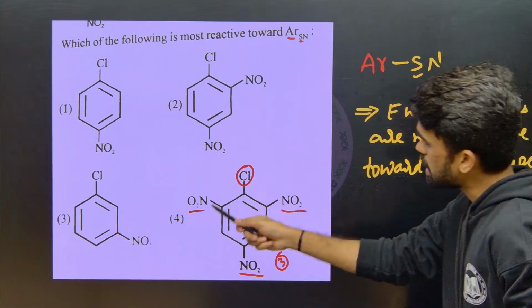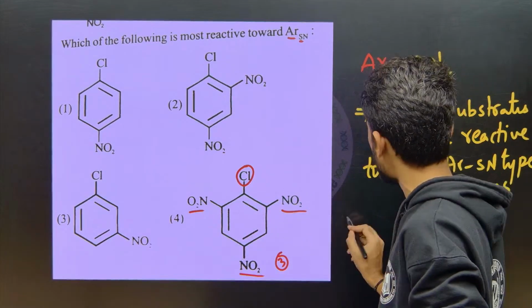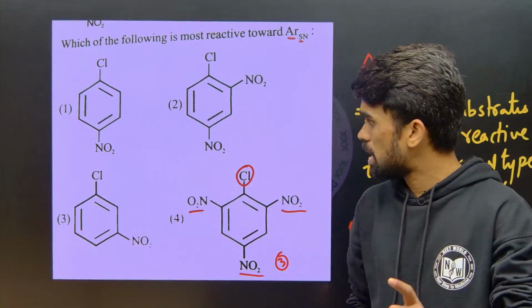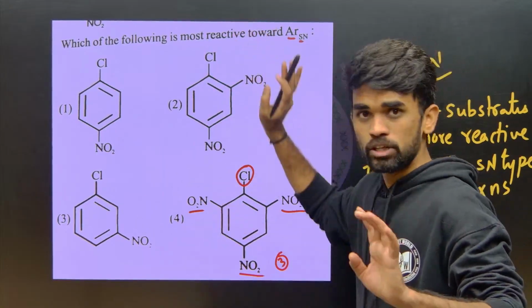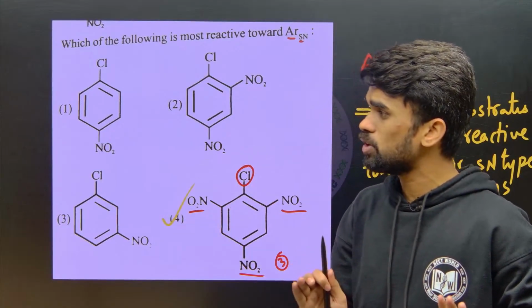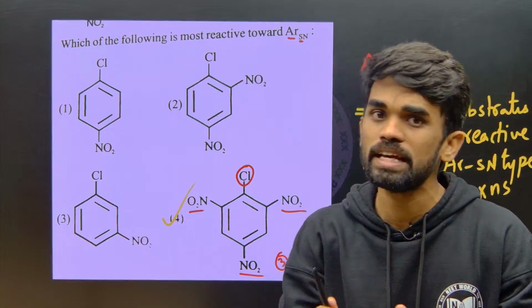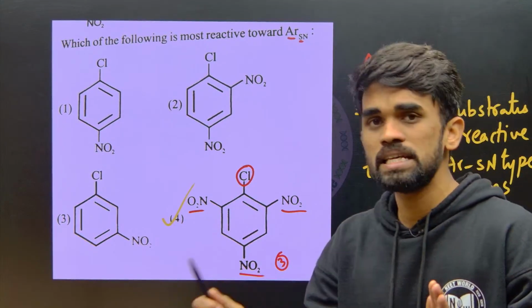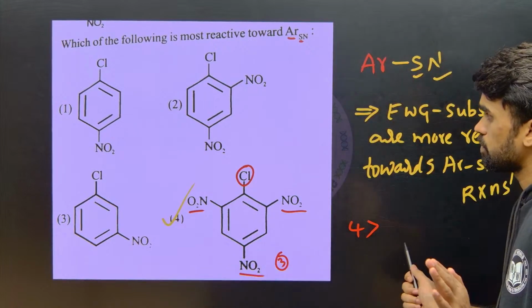Okay, so it is containing 3 electron withdrawing groups, therefore 4 is more reactive when we compare with the others. Now, for this particular question our option number 4 is the perfect answer. Now I am asking you to arrange them based on their reactivity order, which is more reactive and which is the least reactive. I want the order for this.